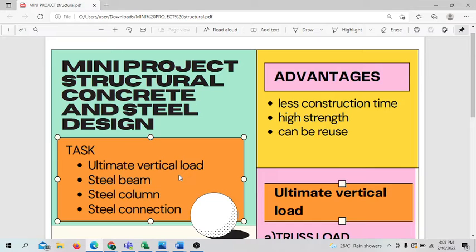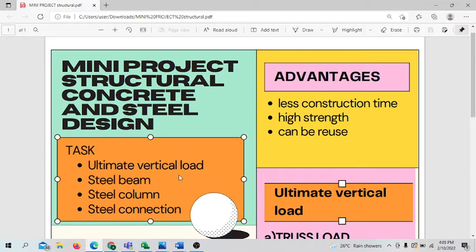Okay, next we go to the advantages of steel design. First, less construction time. As we know, concrete construction time is more than steel construction time.